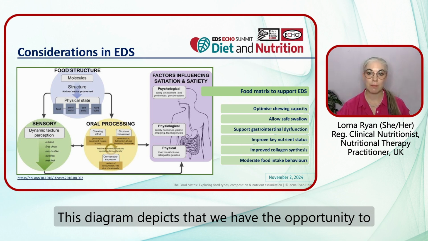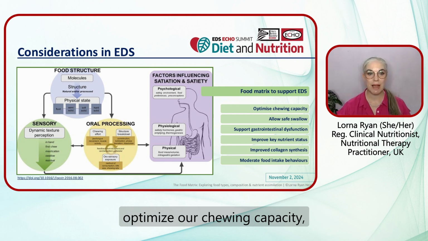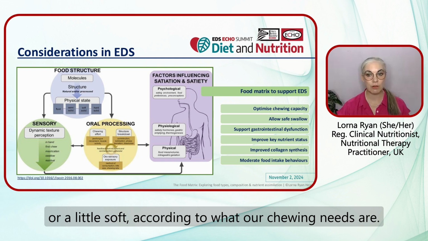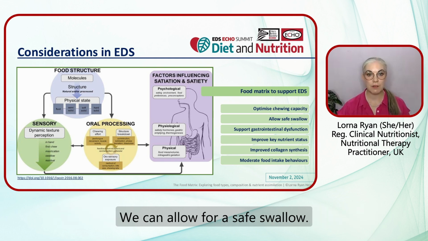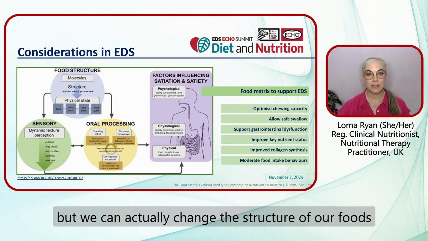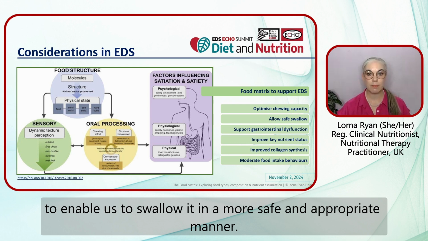So this diagram depicts that we have the opportunity to optimize our chewing capacity, because we can change the structure of food to be a little firmer or a little softer according to what our chewing needs are. We can allow for a safe swallow. Swallowing will be discussed later today, but we can actually change the structure of our foods to enable us to swallow it in a more safe and appropriate manner.